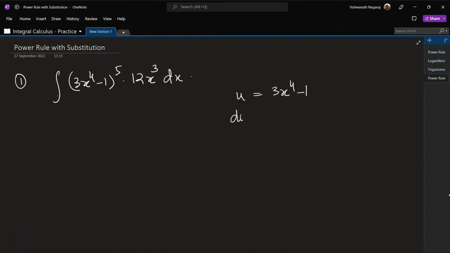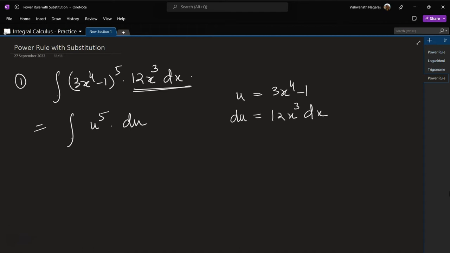Okay, and let's differentiate this. We get 12x^3 dx. So 12x^3 dx is there. One of the factors is the derivative of the other. So let's do the substitution now. We get integral of u^5 times, and this is nothing but du.